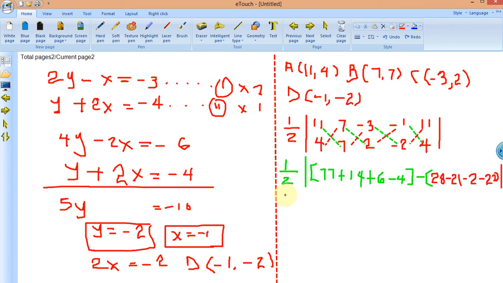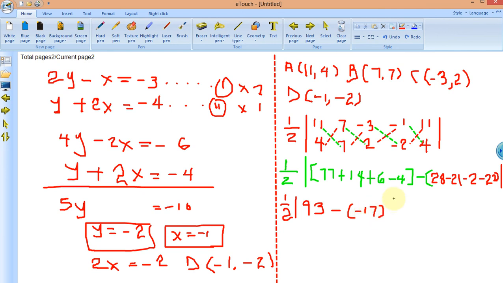So I now have half into, guys, you can just take your calculator now. 77 plus 14 plus 6 minus 4, that is 93. So 93 minus 28 minus 21 minus 2 minus 22, that is minus 17.